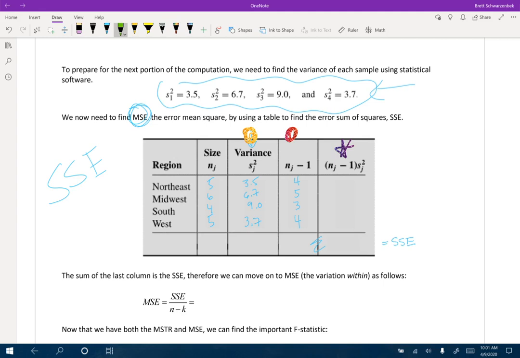Like this first one right here, we're taking 4 times 3.5, and that's going to give us 14. And for the next one, we're going to do 5 times 6.7, and that's going to give us 33.5, and so on, 27, 14.8. These are all the values for this.